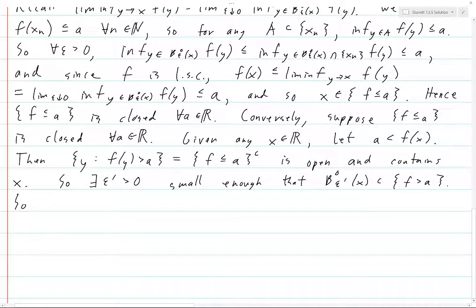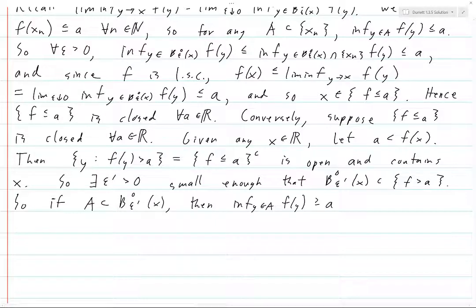So now, if we have some subset A of this punctured ball, then the infimum over all elements of the subset is going to be greater than or equal to a. Because every point in this set evaluates to a number which is strictly greater than a.